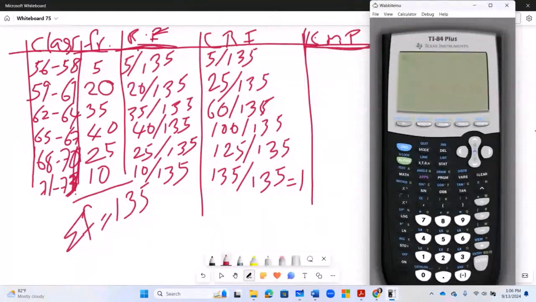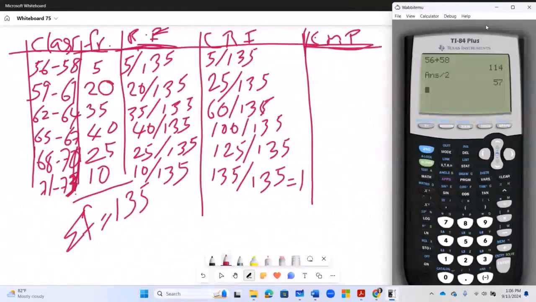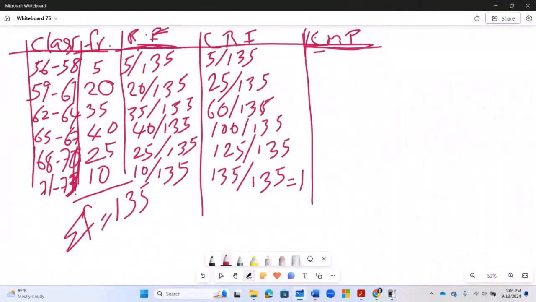56 plus 58 divided by 2 is 57. Therefore, the class midpoint is 57 for the first class. And as soon as I find the first class midpoint, I don't have to keep on going, because all I need to do is find the class width.